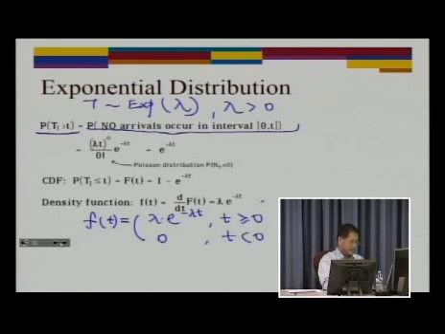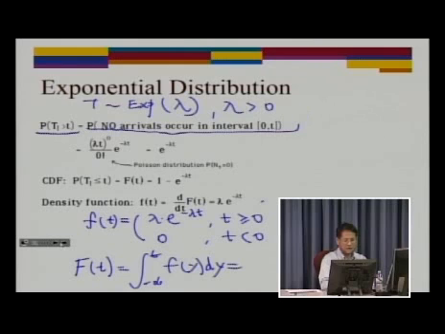Or equivalently, its CDF, cumulative distribution function, is given by capital F(t) equals the integral from negative infinity to t of f(y) dy, which equals 1 minus e to the minus lambda t if t is greater than or equal to 0, and 0 otherwise, t less than 0.